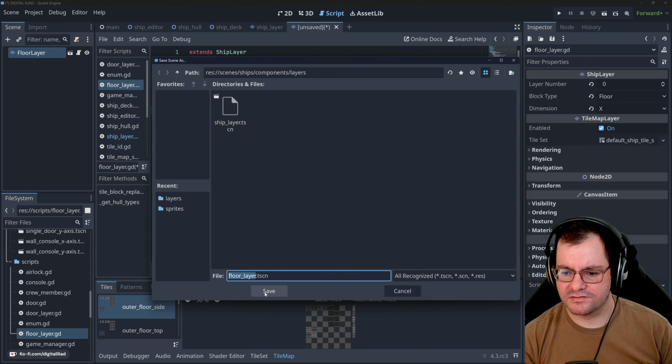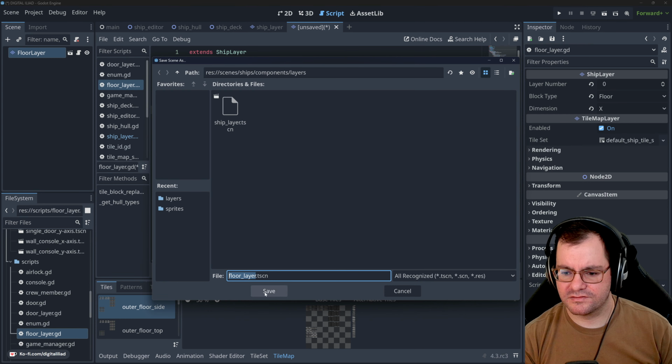All right. So we add 3 floor layers. We name them X, Y, and Z. So add 3 wall layers. We name them X, Y, Z. We configure them very quickly.